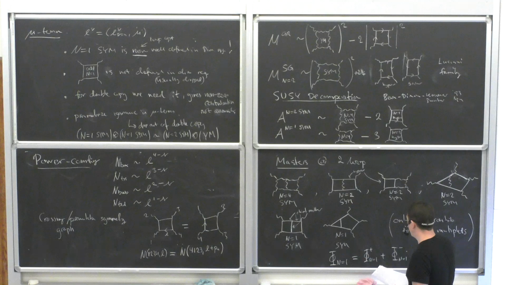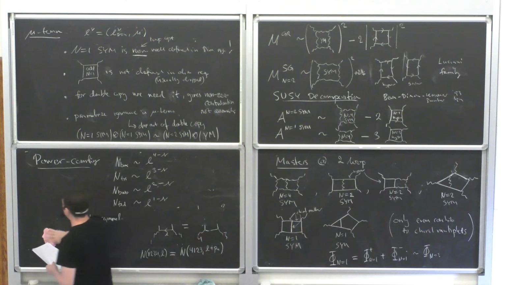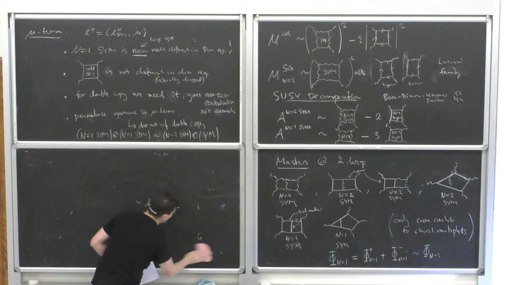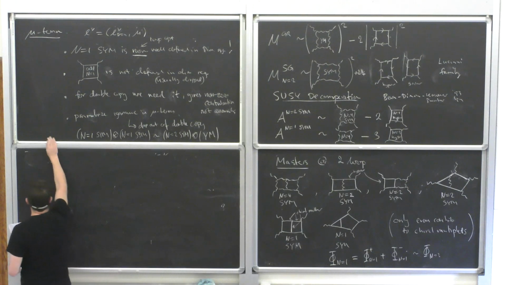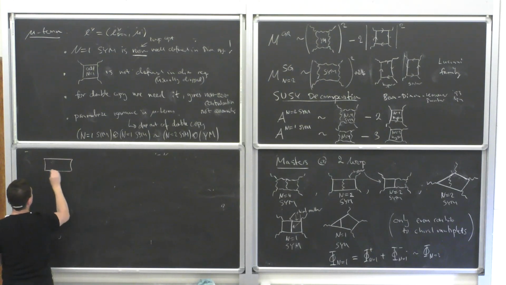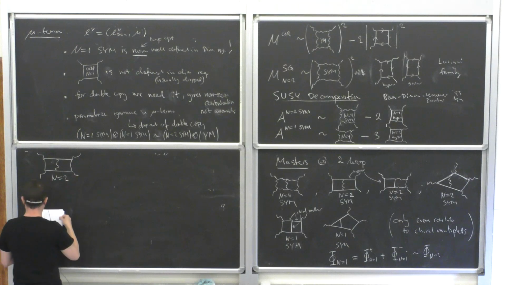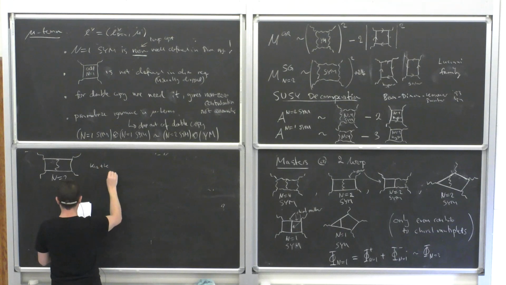Let me give you one example. It turns out that I can also write down the N equals 2 answer, which is actually simpler. For some reason, 2 loop is simpler than 1 loop, which is the first time I've seen that. So I can write down this diagram in N equals 2. It's the same kappas that I used before. This just denotes which multiplet I'm looking at, which vector multiplet.